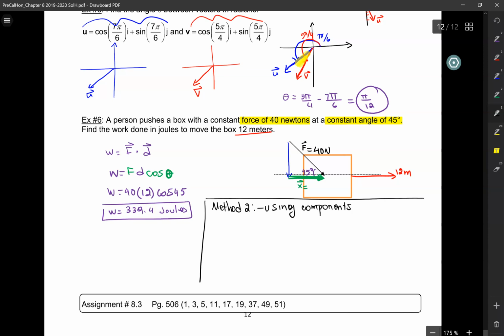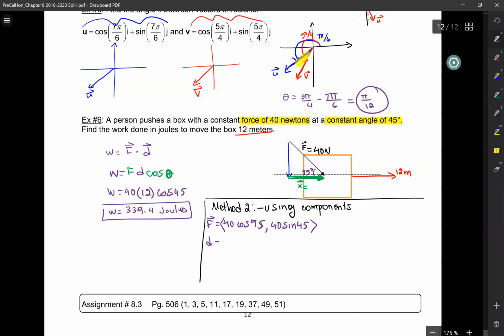Can you write the force in component form? How? Tell me. 40 cosine 45. Right, so the force is 40 cosine 45, 40 sine 45.